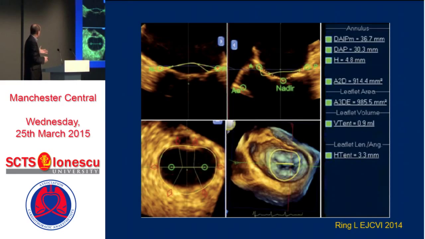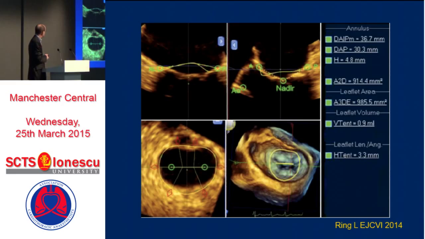But just to demonstrate what you can analyse using advanced 3D analysis software. This is the Philips one, but other versions are available. You can measure the intercommissural distance, and the anteroposterior dimension on that three-dimensional structure of the valve.